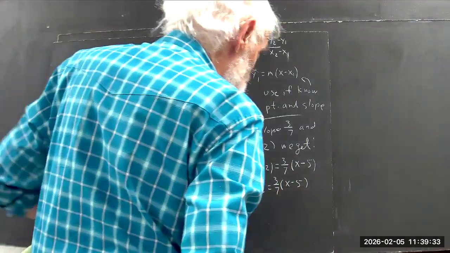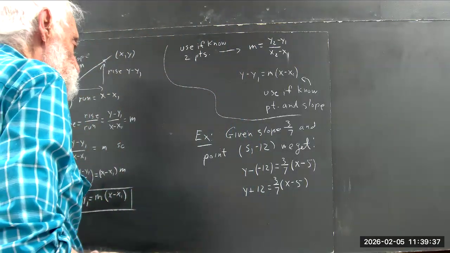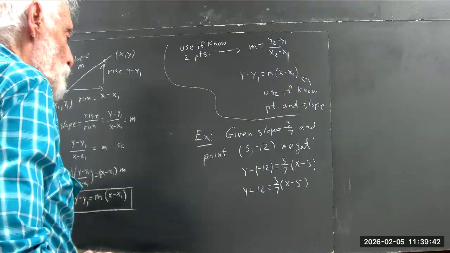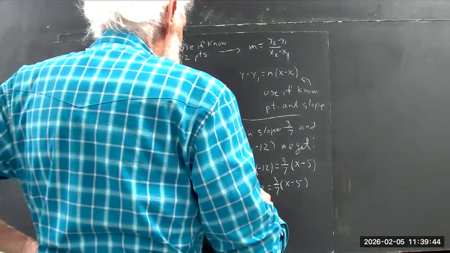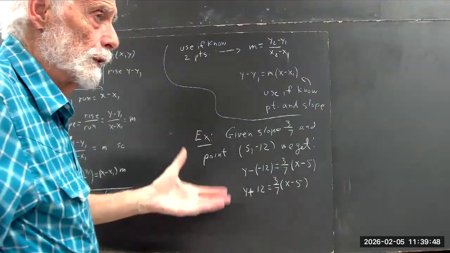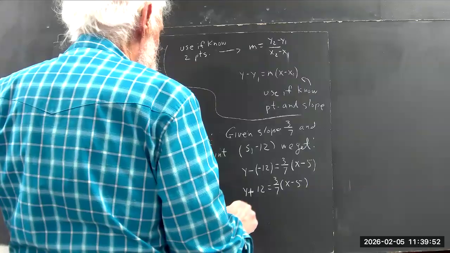And now we've got to do a little bit of work with fractions. There are a couple of ways to do this. And I don't want to deal with addition or subtraction of fractions. So I'm going to multiply both sides of the equation by 7.